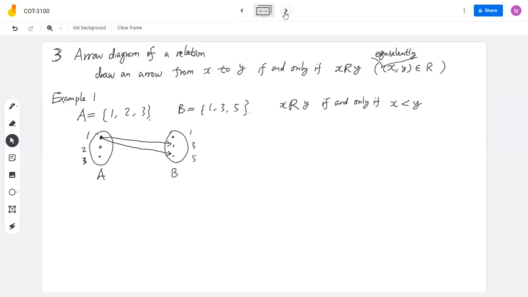And what about 2? 2 is related to 3 and 5, so I draw an arrow from 2 to 3 and 2 to 5. And from element 3 in set A, we only have 1 arrow from 3 to 5.